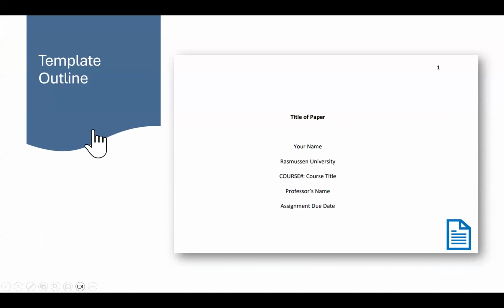We can use a template outline. This copy is in the Rasmussen University online library site, the page we visited early, and I also placed a copy in a course announcement. Let's look at it for a minute. Here's the outline.